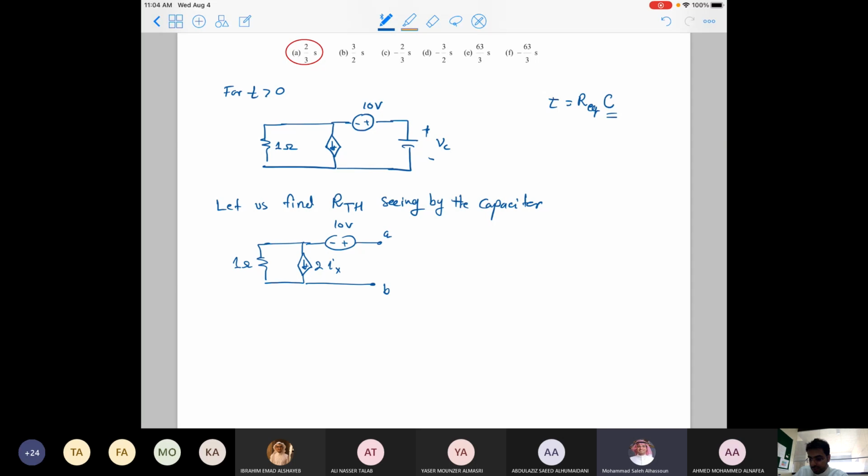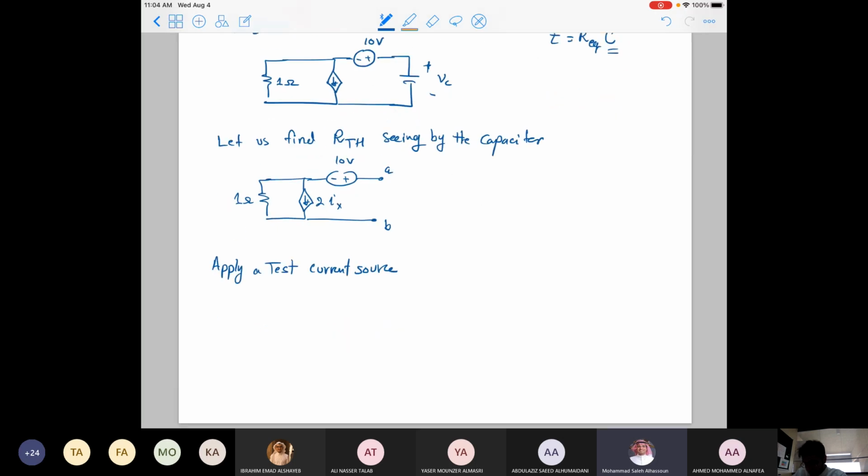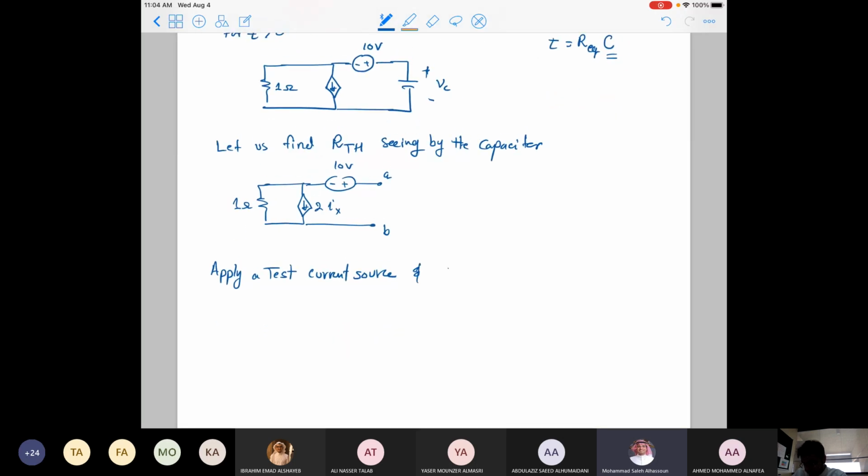So I'm going to apply a test source. Let me apply a test current source and try to find the voltage of this test source.